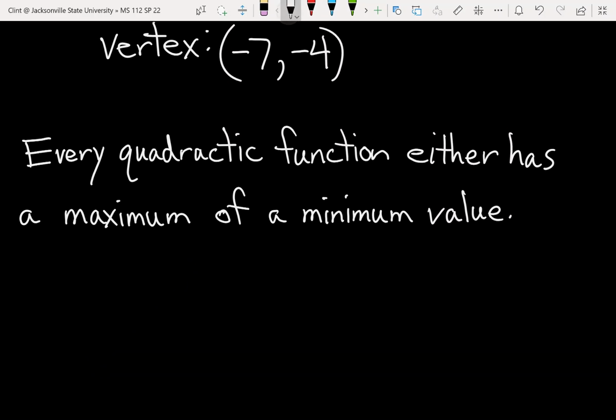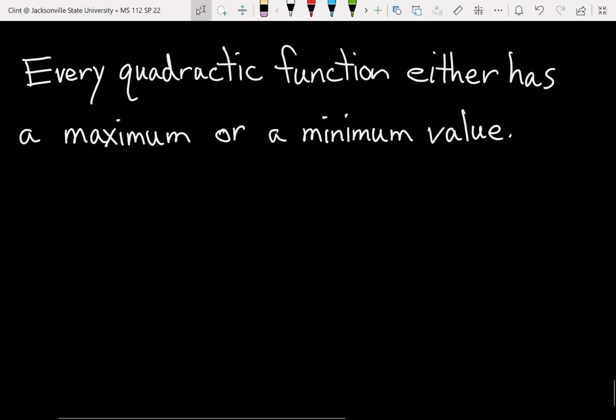But with quadratics, we do have either a maximum or a minimum value. We don't have both. We only have one or the other. Because of the two ways they can look, we have a parabola that opens upward.